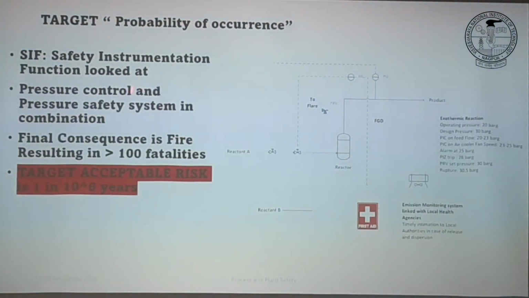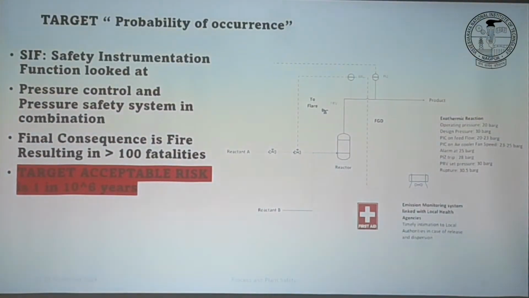So we have a system here, safety instrumentation system or function, which was pressure, shutting down the plant or closing this valve. Pressure control, pressure safety system, they both are in combination. So final consequence is fire resulting in more than 100 fatalities. If this loss of containment can result in fire, we can have 100 deaths, right?